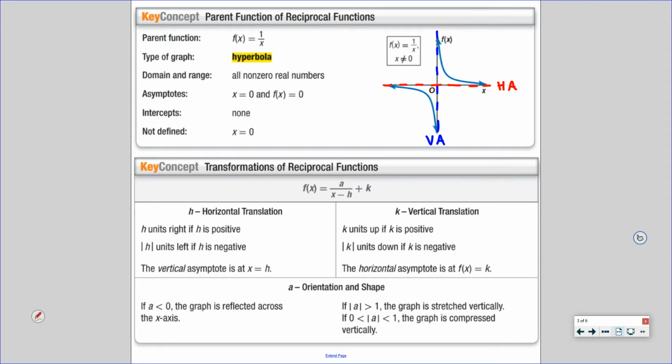Vertical asymptotes in short is where your function's undefined. Now there can be different types of discontinuity, you'll learn about all that if you ever take calculus. But for now, what you need to know is vertical asymptotes would be where we're undefined, like x can't be 0 in this case. So we have a vertical asymptote there.